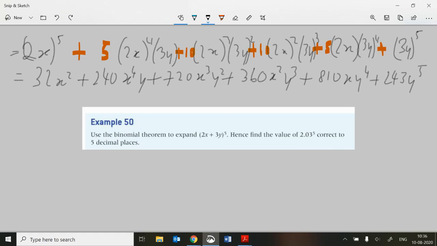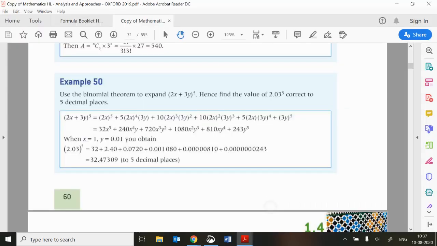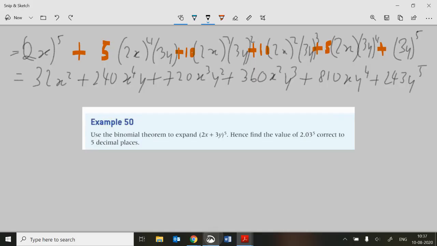Okay, so there's our expansion. Hopefully that's right. Let's just check it out. 32, 240, 720, 1080, 810, and 243. Oh, what did I do wrong there? So with this, what did I do?